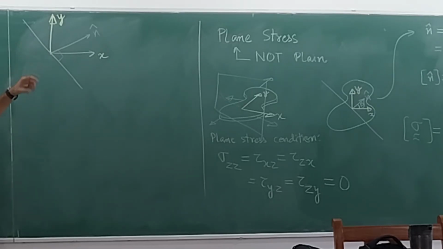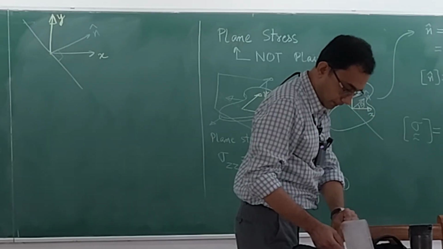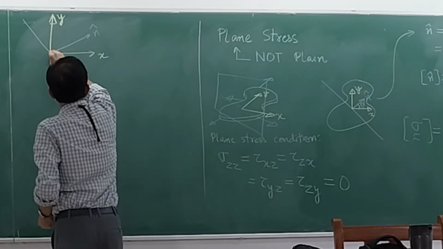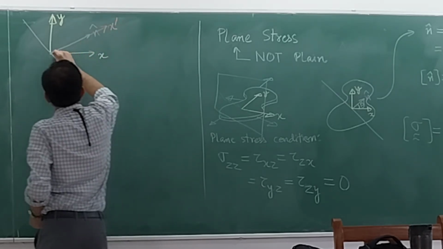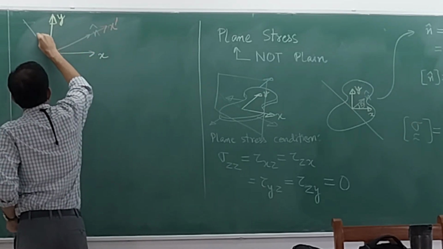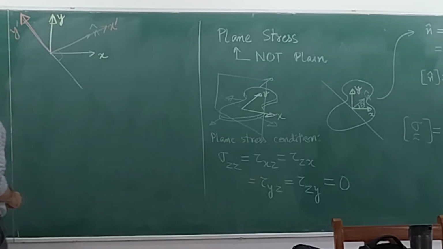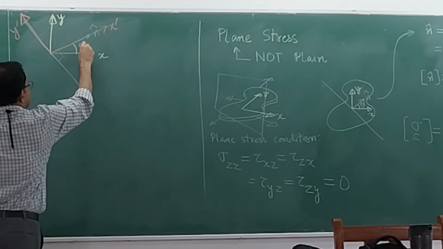What I'll say is that that rotated coordinate frame will be the x dash y dash coordinate axis. So maybe with a separate color. Okay, so this angle is the theta.